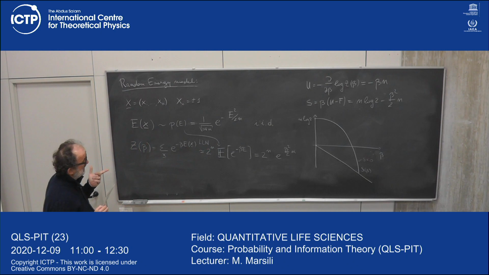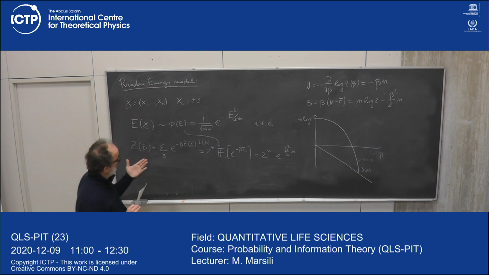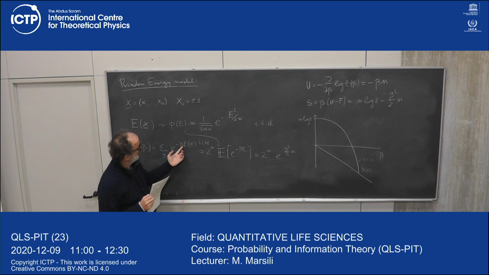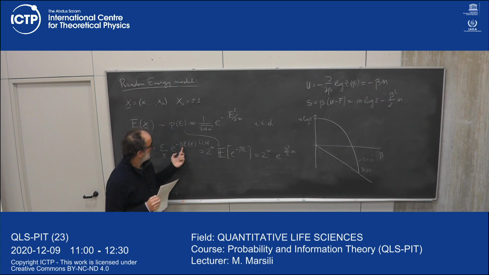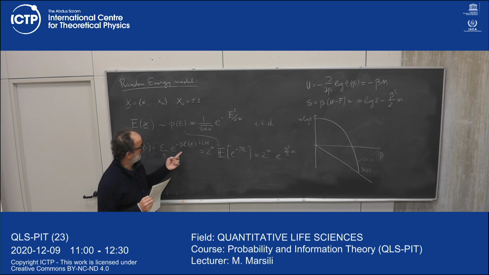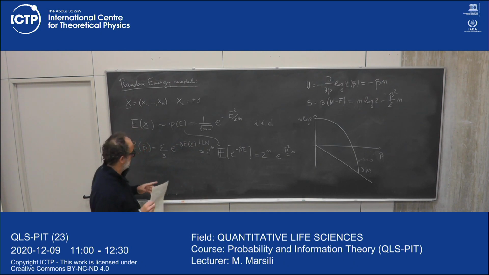However, it turns out that the terms that we are summing are exponentially large or exponentially small in n. Okay, so this is a situation where the law of large numbers may fail to hold, because we are summing exponentially large objects, or variables that have a very broad distribution.